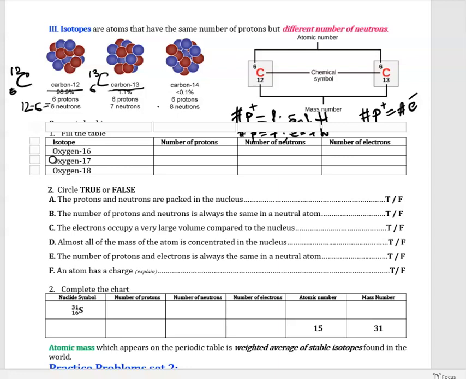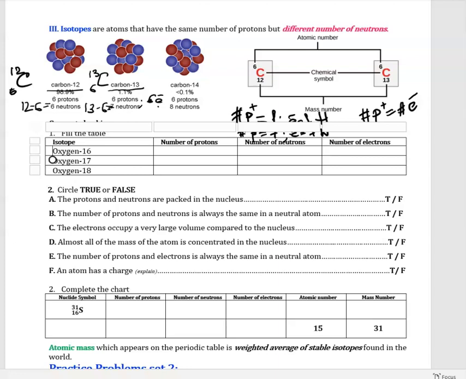So 6 protons, because just to remind you, the number of protons is always equal to the atomic number. 6 electrons also, but 7 neutrons: 13 mass number for this isotope carbon 13 minus 6, which is the number of protons, gives us 7 neutrons.